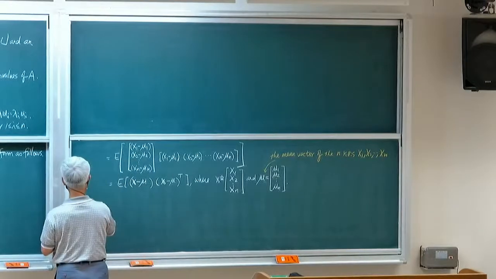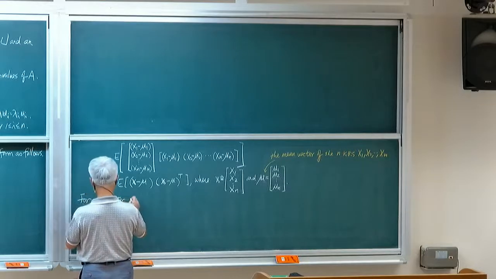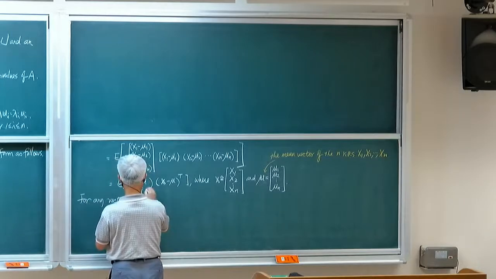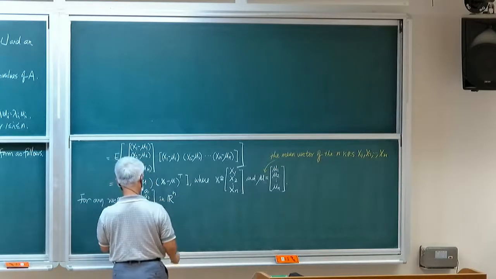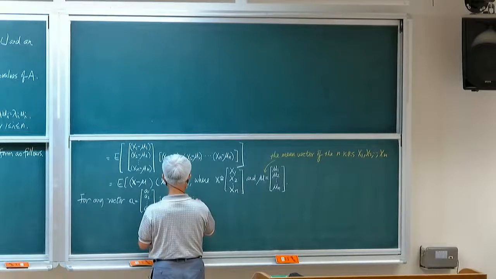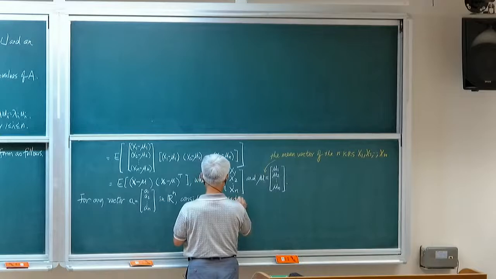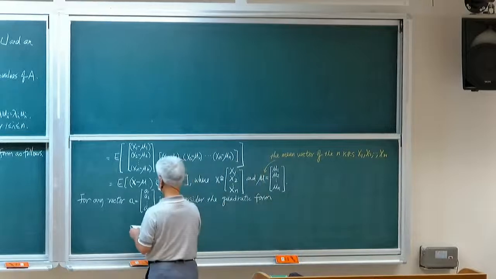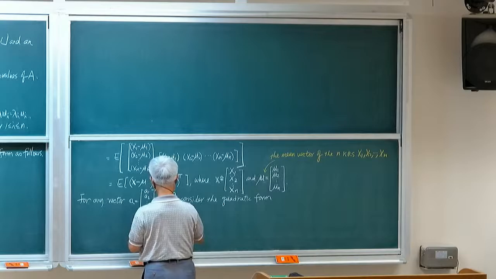Now, for any vector a = (a1, a2, up to an) in the n-dimensional Euclidean space, we consider the quadratic form a transpose Lambda a.